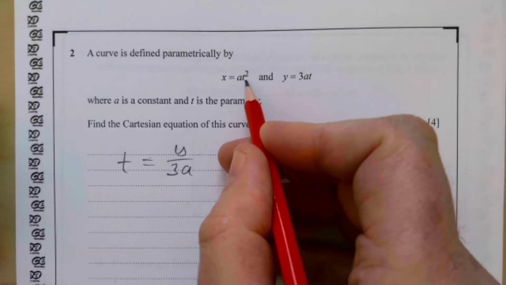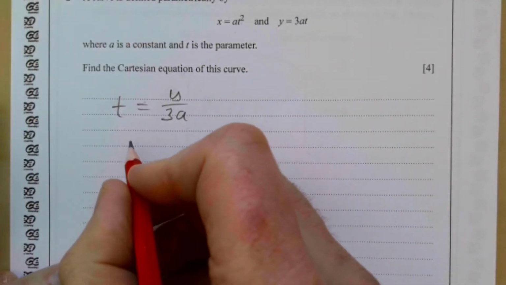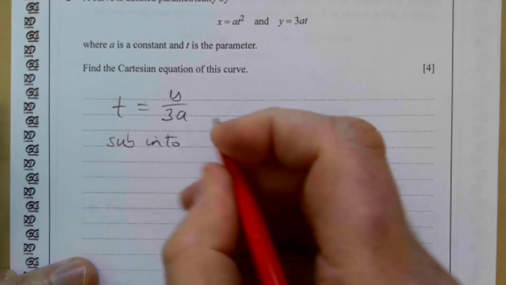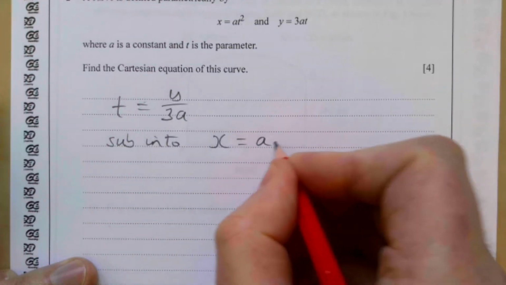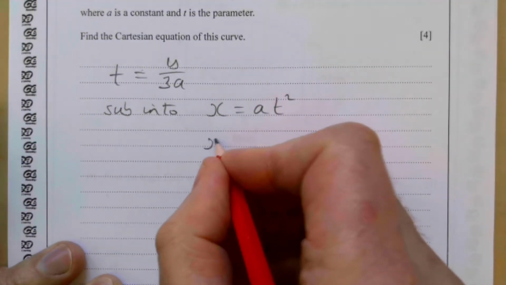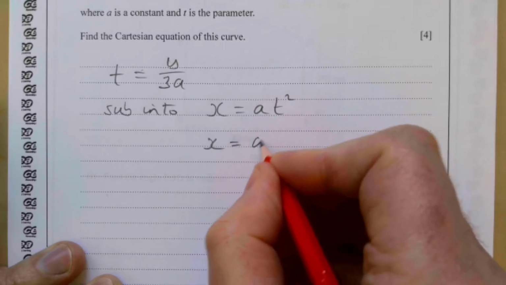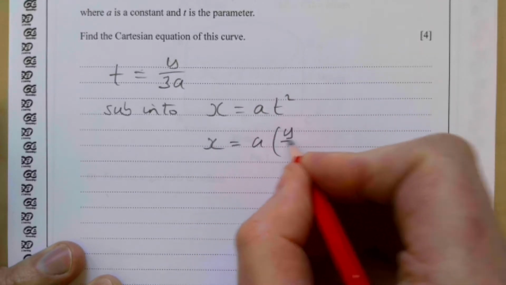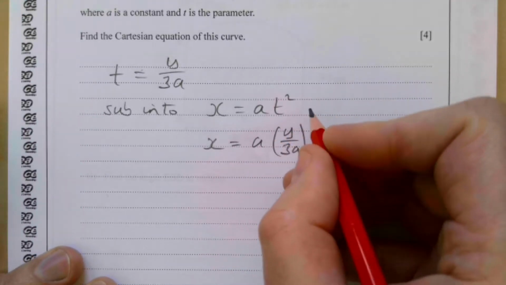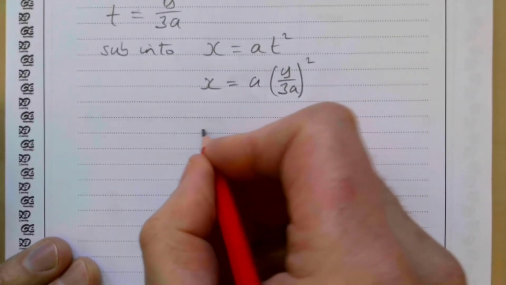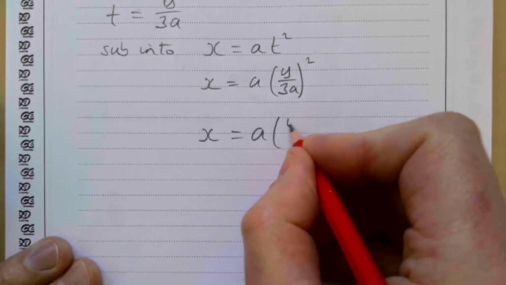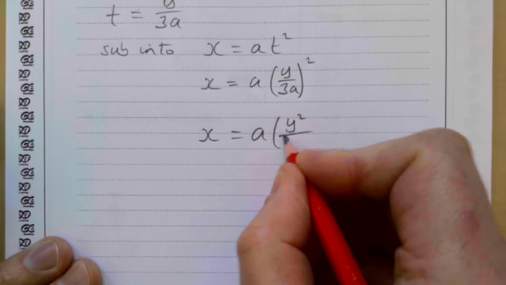And now we substitute that in here. I'm going to substitute into x equals a t squared. So x equals a upon y over 3a, whole squared. That gives us x equals a upon y squared over 9.